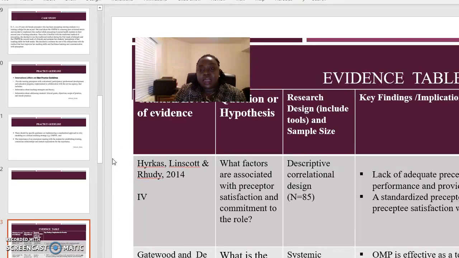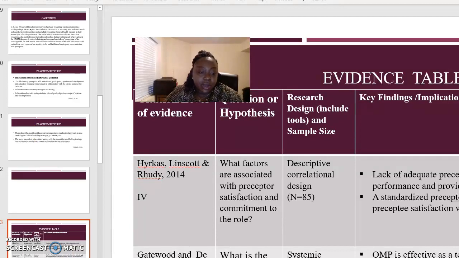So this is the evidence table. I have so many authors, and the evidence is really clear that the 1 minute preceptor method does affect teaching in a positive way. For Aika, Lickott, and Rudy, the key finding was lack of adequate preceptor training, with evaluating preceptor performance and providing feedback reported when the general teaching method was used.